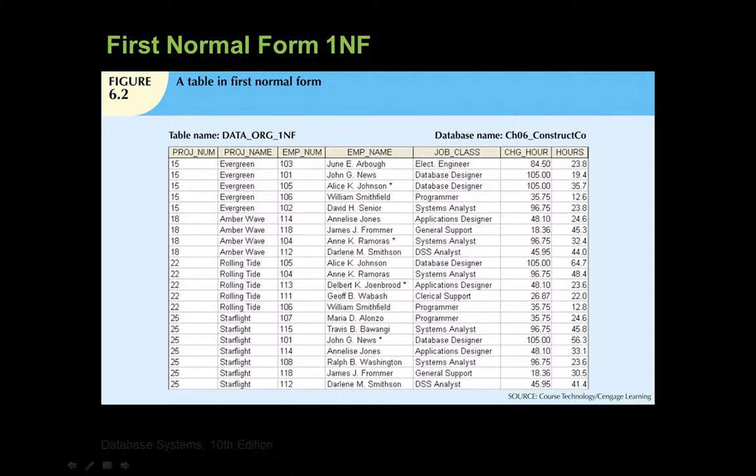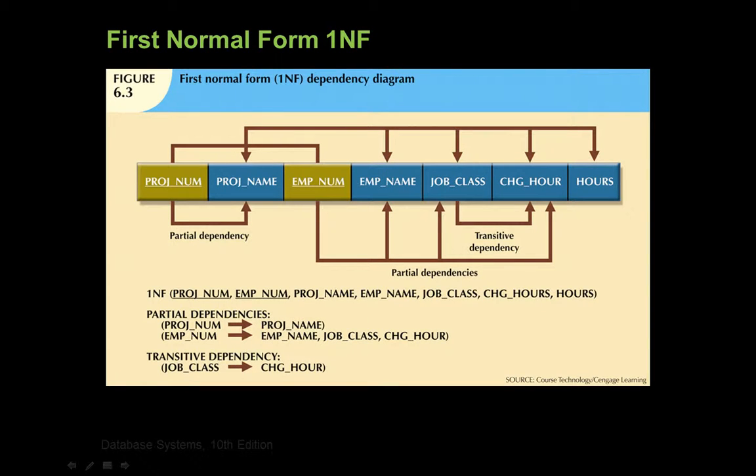And now we'll start to unravel the mystery of dependencies. On the screen you see a diagram of the dependencies for our project table. Now, we know that the project number has a dependency of the project name, and we know that the employee number has dependencies relating to the employee name, the job class, the charge hours, and the hours.